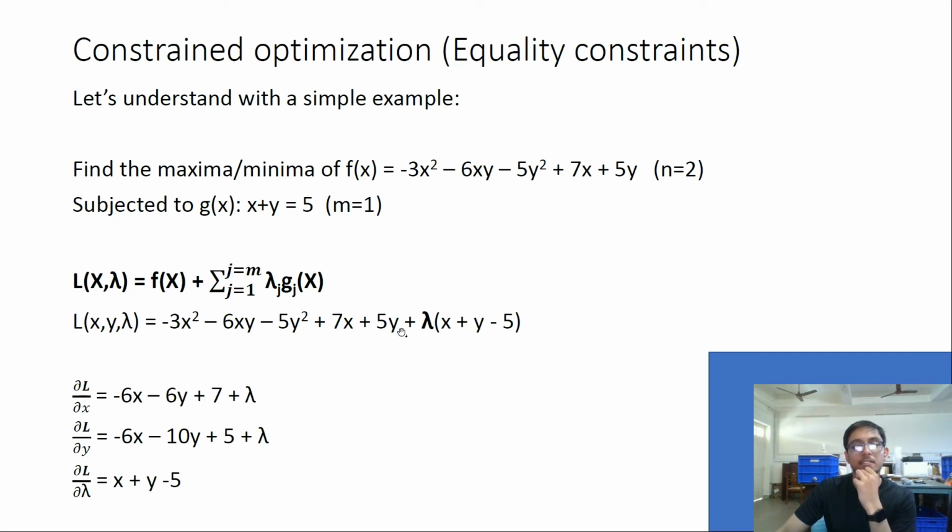We have x, we have y, and now we have introduced one more variable, that is lambda. Solving these three, we will get the values of x, y, and lambda, and maybe one or two stationary points, and then we can identify whether it is maxima or minima.